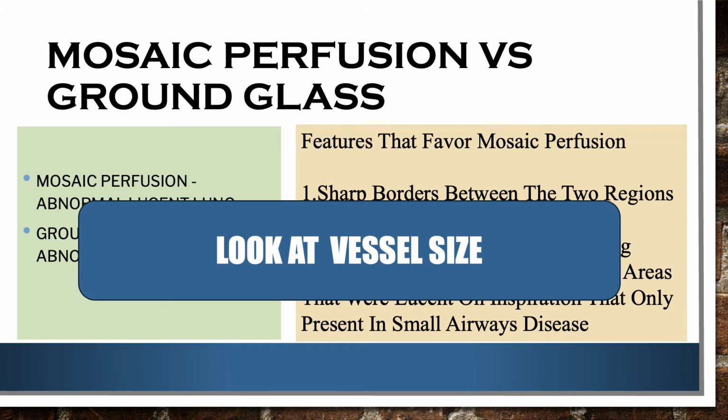So one way is looking at the vessel size. In case of mosaic perfusion, the abnormal lucency is because of vascular oligemia, or there is a shunting away of blood from that part. So the vessels will look smaller, and the number of the vessels in that part will also be lesser.